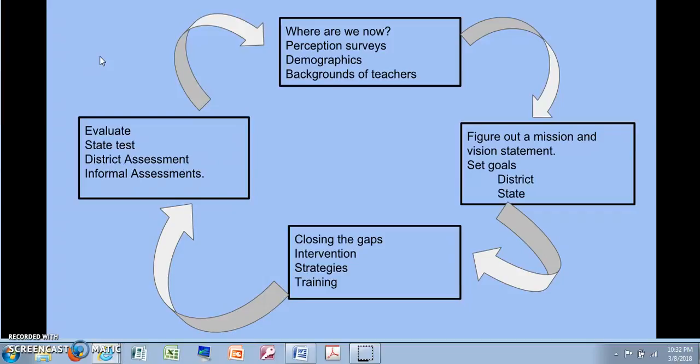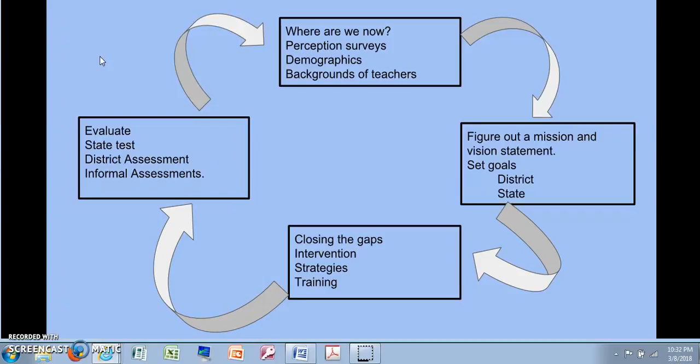Maybe there's a session in our trainings that we want to go to, or maybe it's information outside of what our district is offering us, and we want to go outside our district to get the training we need for it. How we evaluate it is that our state tests are always the biggest indicator of how we're doing.